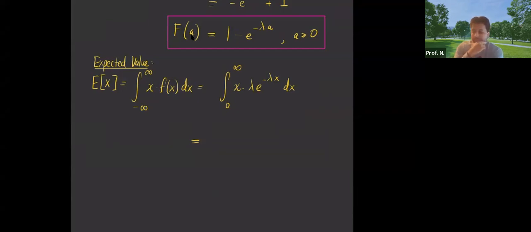By parts? Yeah, integration by parts. So how do we arrange this by parts?